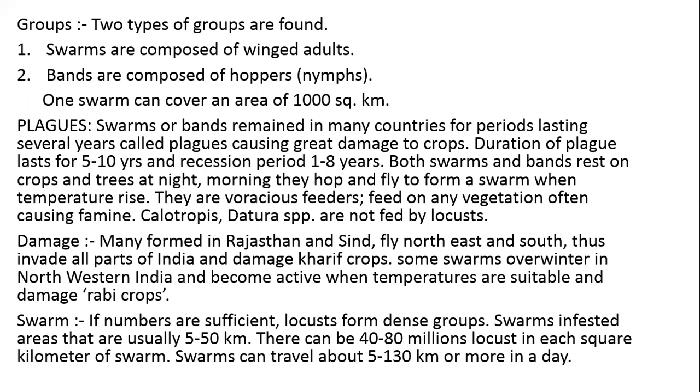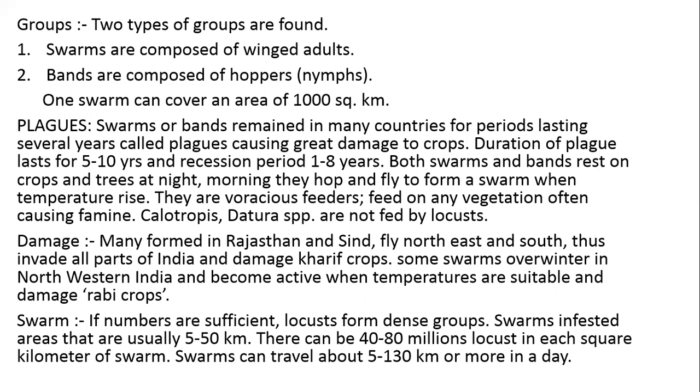Swarms or bands remain in many countries for periods lasting several years, called plagues, causing great damage to crops. Duration of plague lasts for 5 to 10 years and recession period 1 to 8 years.